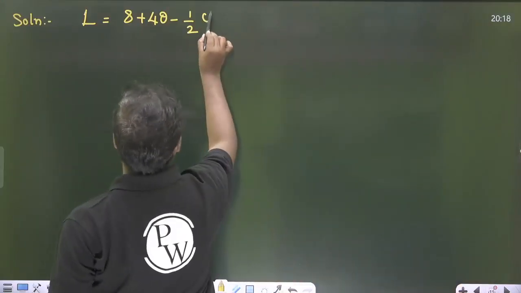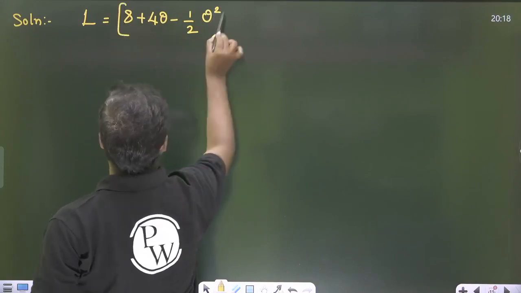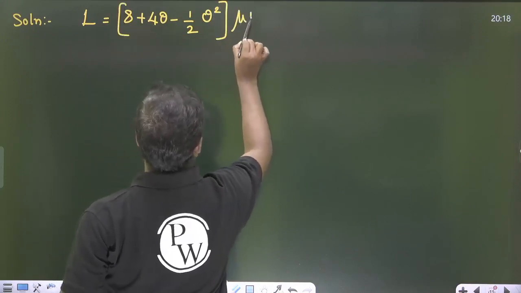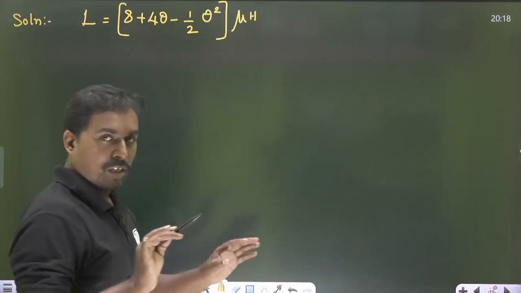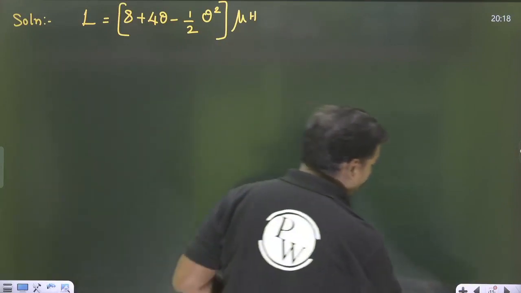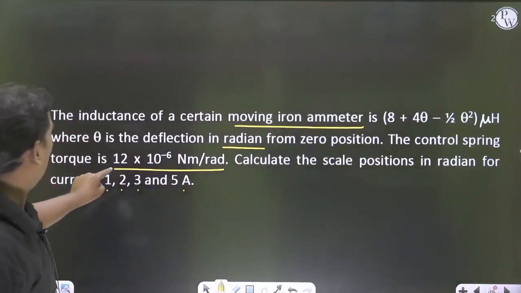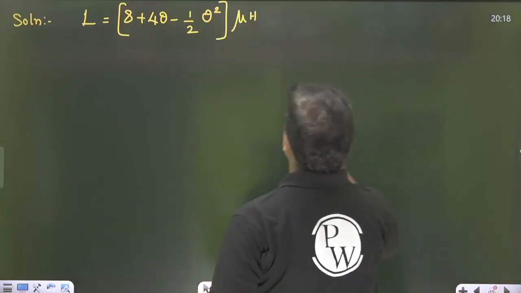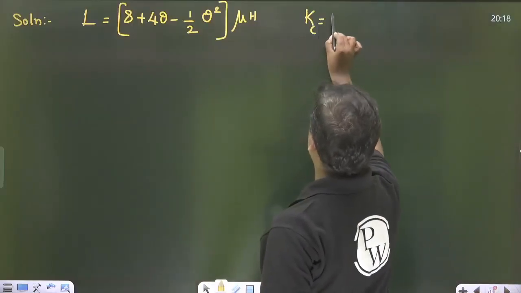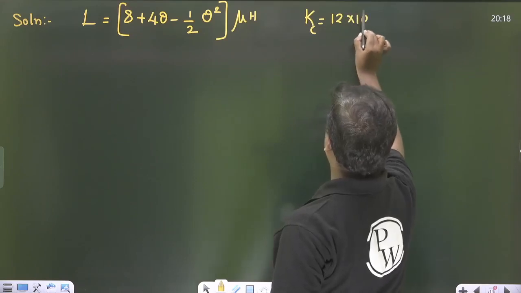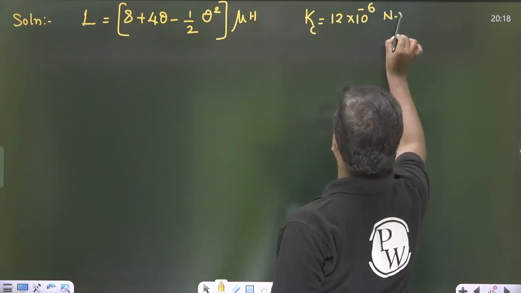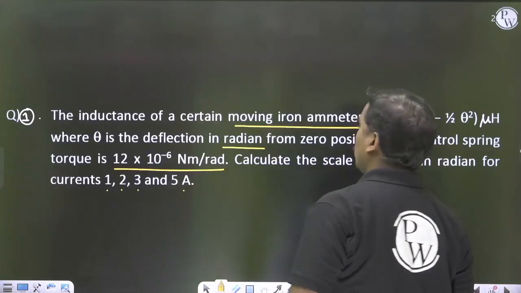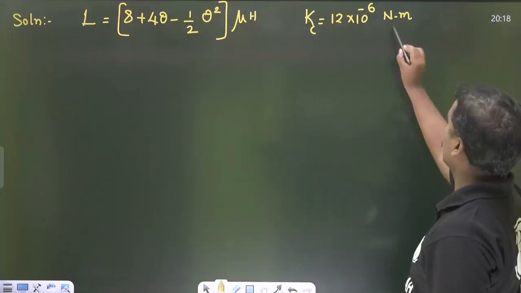Next, the control spring constant is given as 12 into 10 power minus 6 Newton meter per radian.